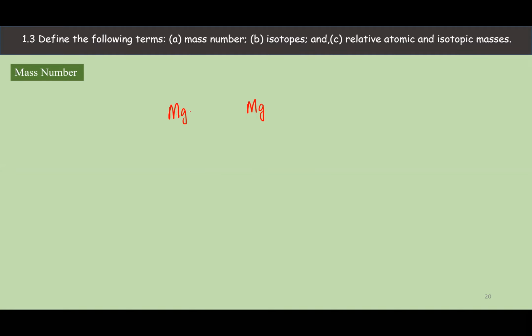Now, if this one is magnesium 24, and this one is magnesium 25, in terms of protons, neutrons, and electrons, what is definitely different about them? They have what? Different number of neutrons.